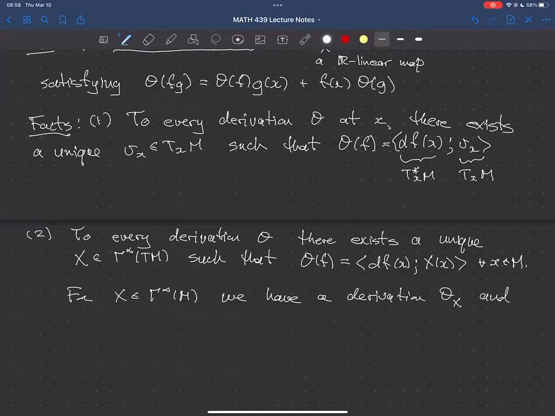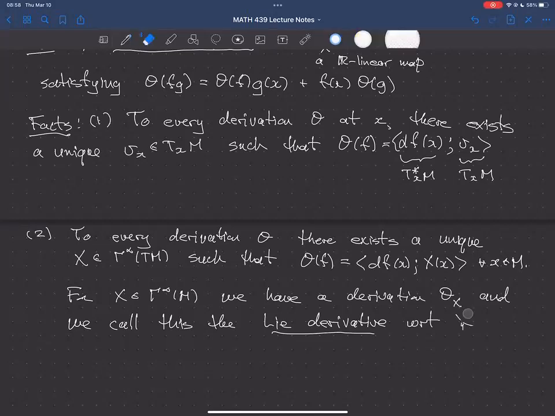We call this the Lie derivative with respect to capital X, and denote it by L sub X, for L for Lie derivative.